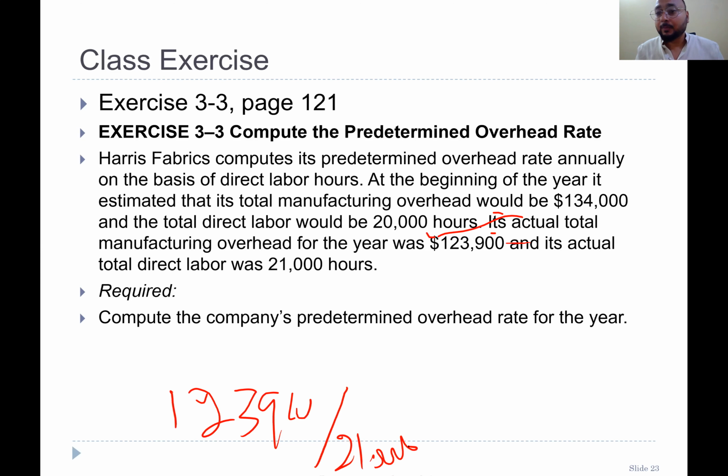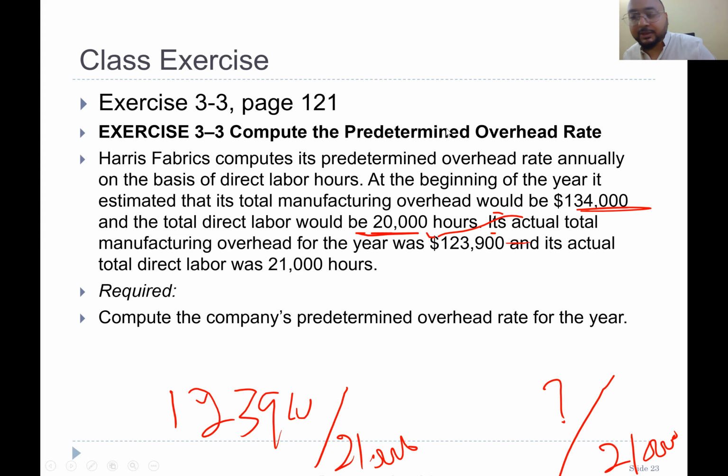What would be our estimation based on 21,000? Then we can say whether we underperform or overperform. Because we cannot trust 124,000. Why? Because it is based on 20,000 units, right? So that is our next logical step that we are explaining here.